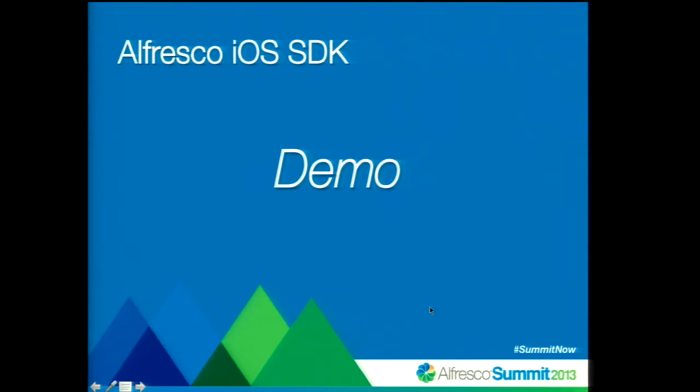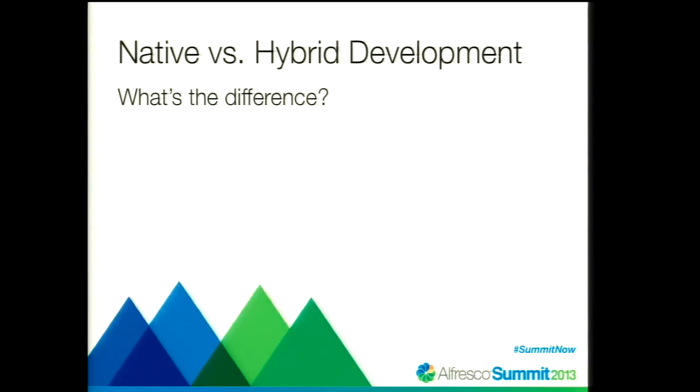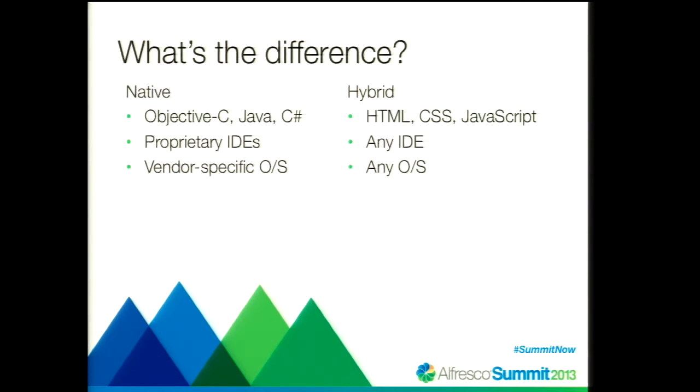Let's get back to some more stable ground, PowerPoint. Let's talk about native versus hybrid. What's the difference? Well, the main difference, native, you need to learn the language that's native to that device or system. So in the case of iOS, you look at Objective-C, Android is Java, Windows Mobile, C#.